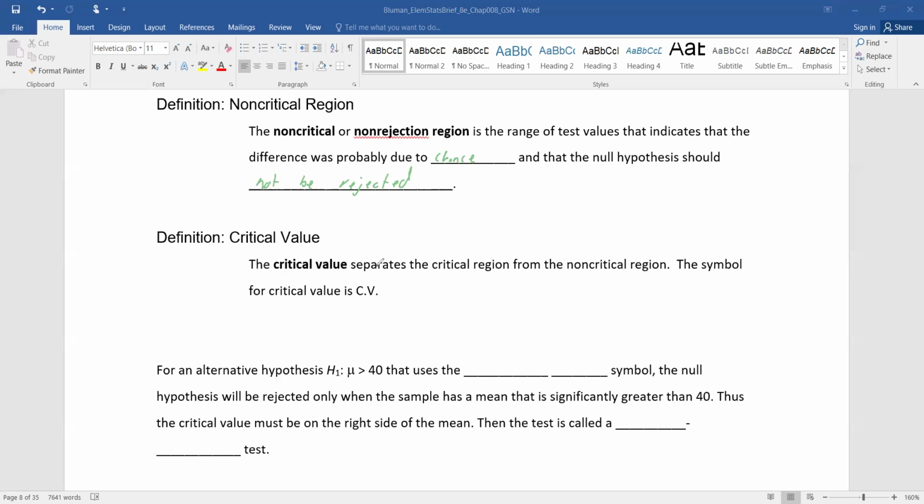All right, the critical value separates the critical region from the non-critical region, and the symbol for the critical value is CV. To give you a better idea of what that means, let's say we are doing a two-tailed test. Here is our region that we do not reject, and anything that falls outside of this z-score, on the left or the right, we do reject.